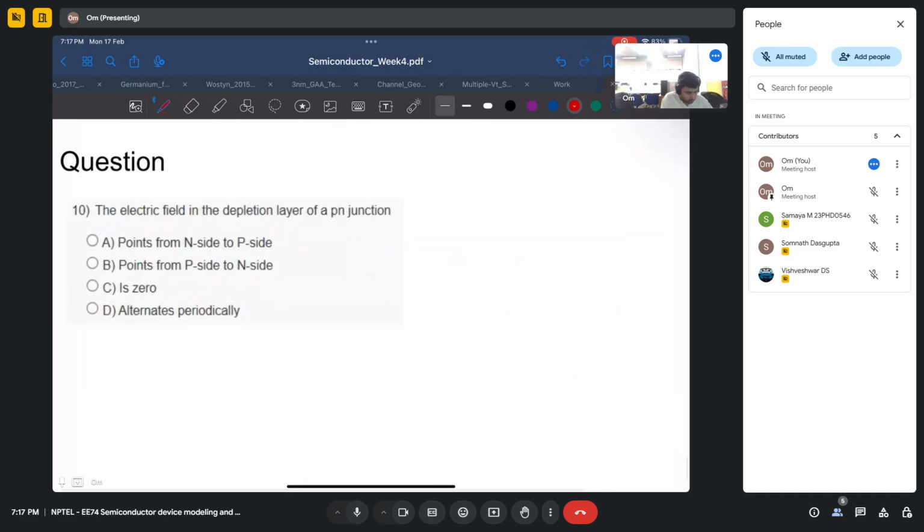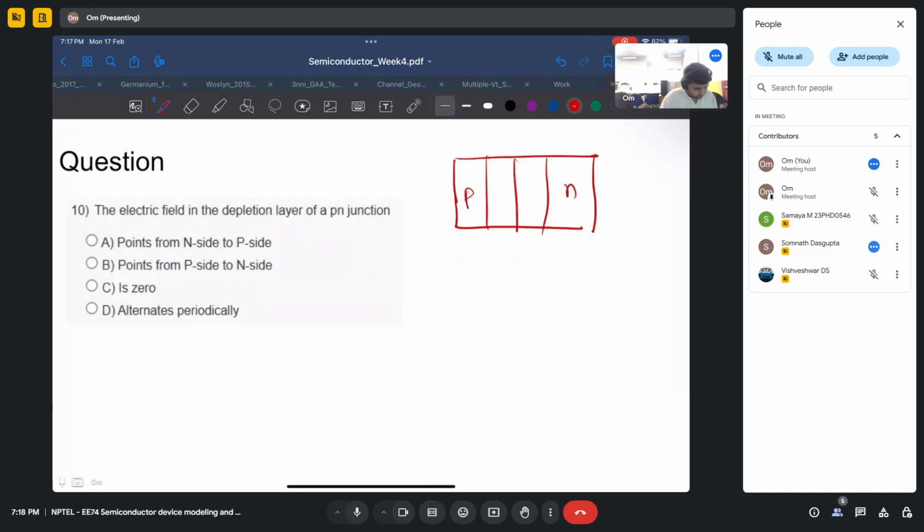Look at this one. No, that's incorrect. Again, in P-type we have negative ions, right?